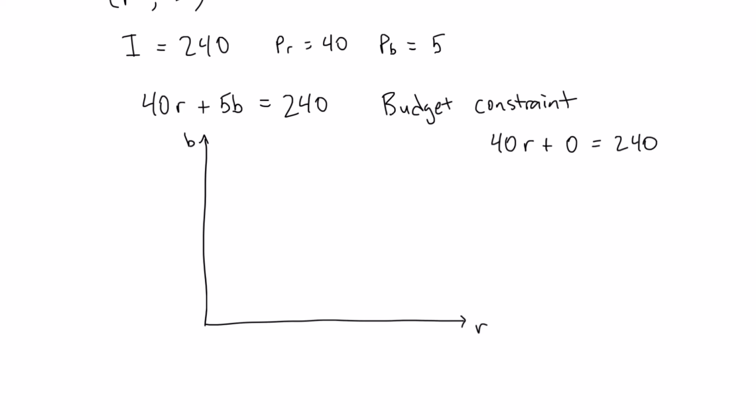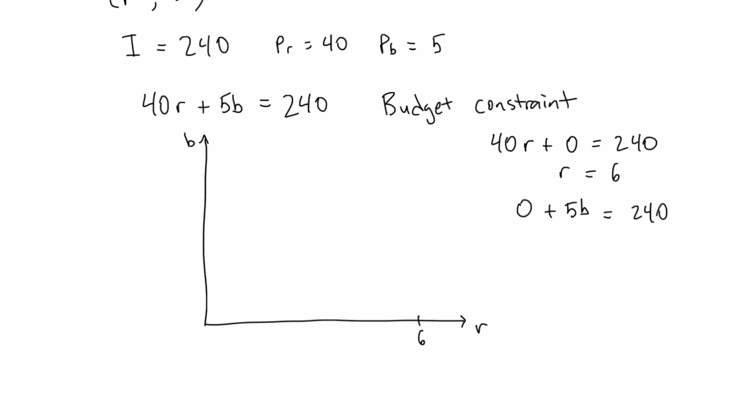Now if I solve for R by dividing both sides by 40, I will get R equals 6. That tells us that the intercept on the R axis is 6. This consumer could buy 6 rum, but they would have to buy 0 bananas. We can also think about what would happen if the consumer bought 0 rum and spent their entire income on bananas. In that case, the equation would be 0 plus 5B equals 240.